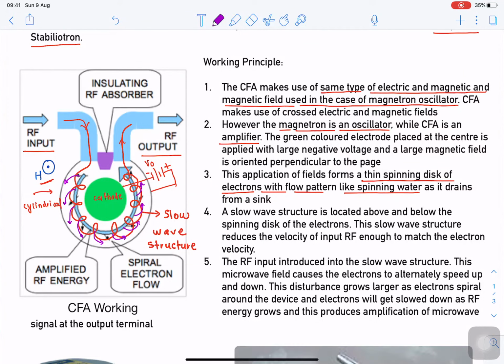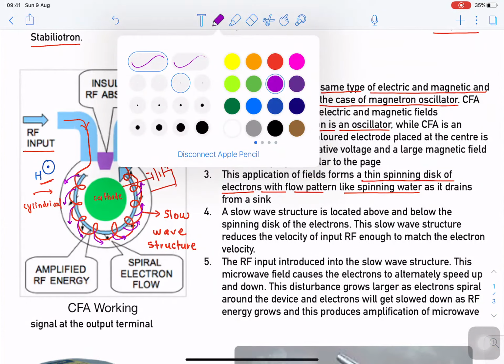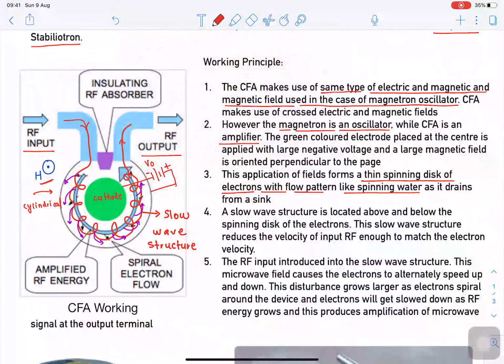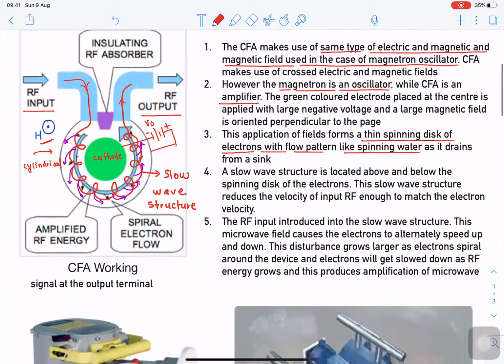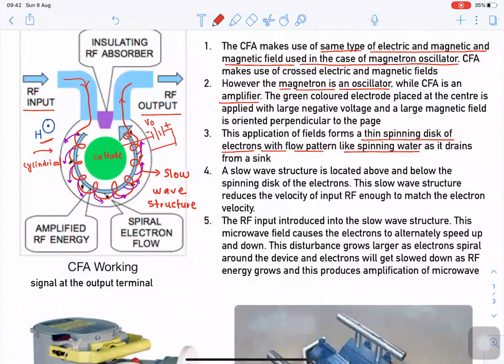The slow wave structure is located above and below this spinning disk of electrons. This slow wave structure reduces the velocity of the input RF signal to match the electron velocity. Essentially, the use of the slow wave structure is to reduce the spinning velocity of these electrons.